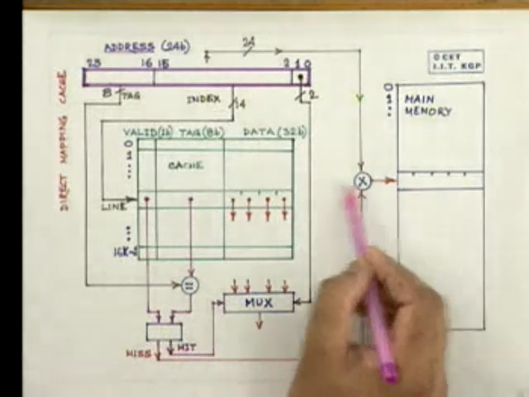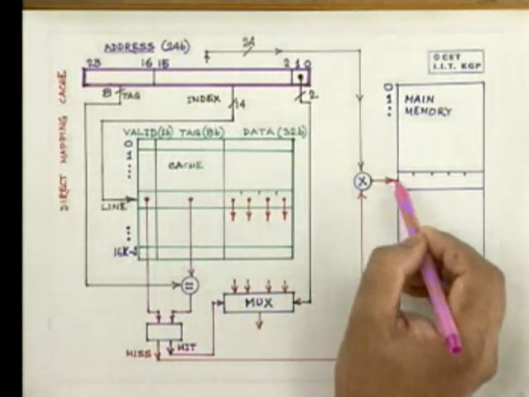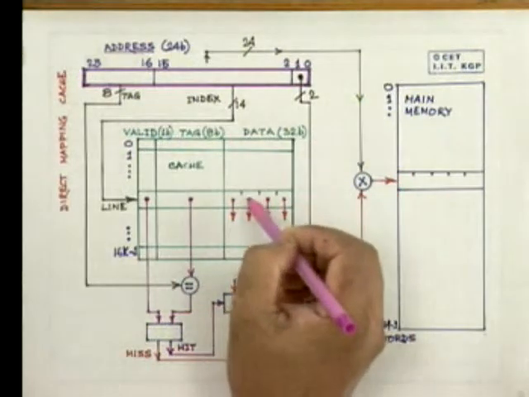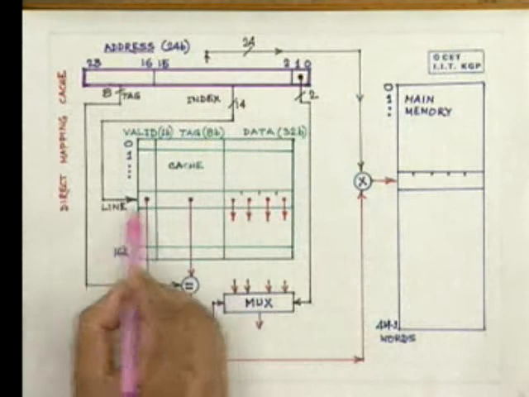Essentially a particular block is mapped into a particular line of the cache.